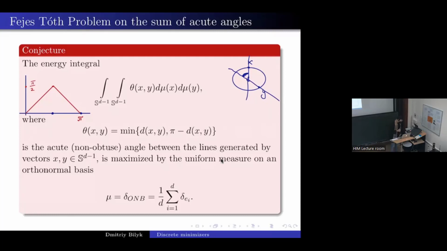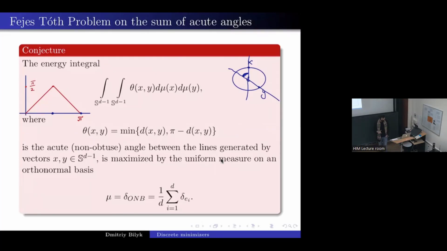And well, actually, it would fall into the same paradigm that we were discussing before, where this would be just the geodesic distance on the projective space. So this would be the integral of the geodesic distance on the projective space. So it's yet another example of the distance integral on some metric space. Okay, and the conjecture is that the maximizers of this energy are measures uniformly concentrated on the orthonormal basis. Okay.